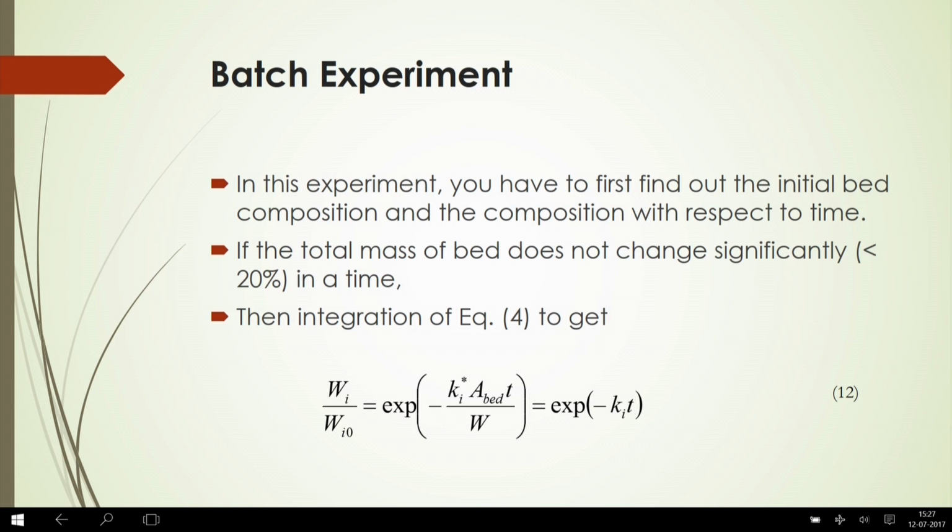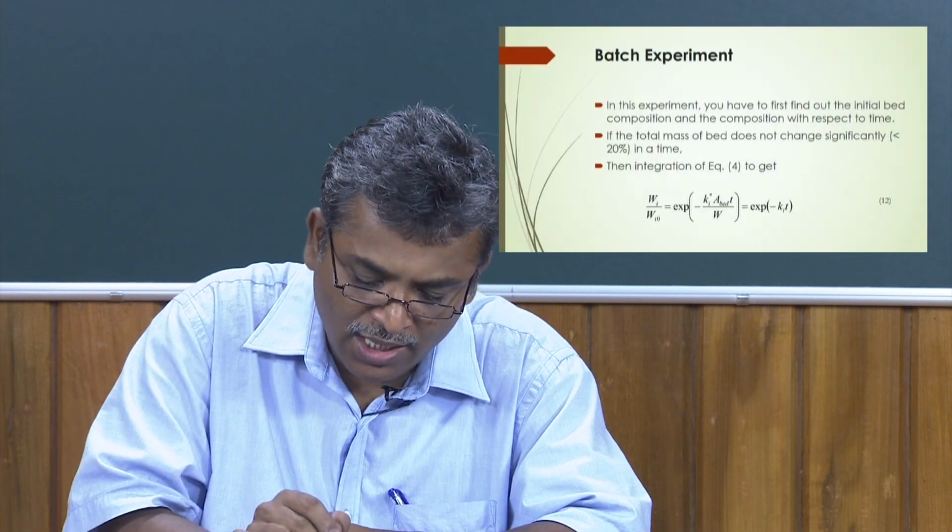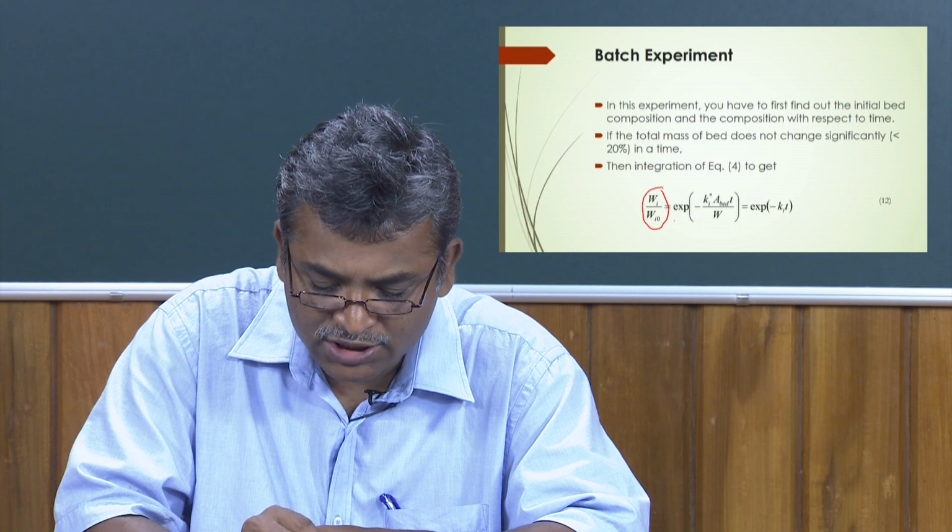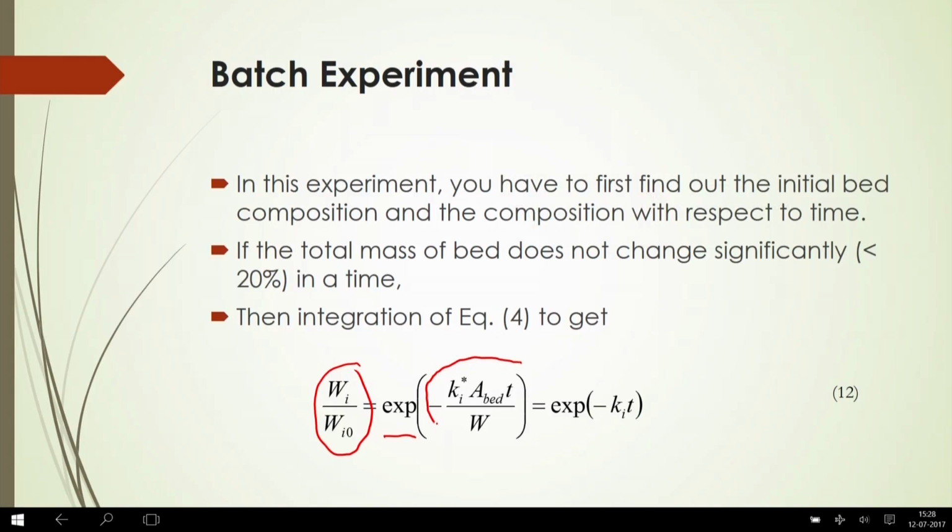If the total mass of the bed does not change significantly, that means less than 20% in a time, then integration of equation 4 will give you W I by W I 0 equal to exponent of minus K I star into A bed into T by W, that is, exponent of minus K I T. So, from this equation 12 you can get the actual elutriation amount of solids of class I.